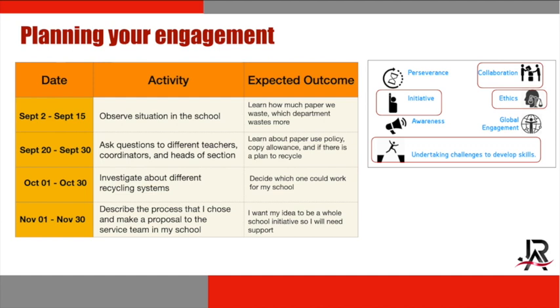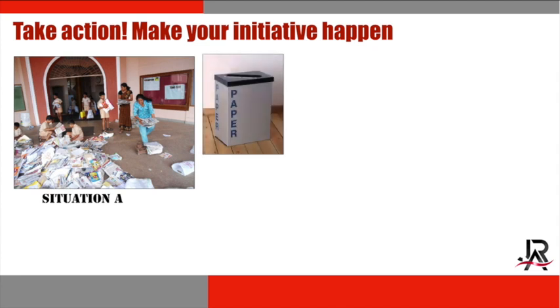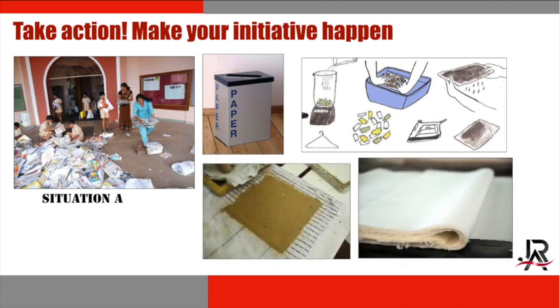The plan that you outline for your service experience will show you the steps that you have to follow. For example, you may have found that the first step is to place a series of paper recycling bins around the school, and that the following step, after collecting the paper, is to process the paper, to recycle it, and produce new paper that you will distribute.